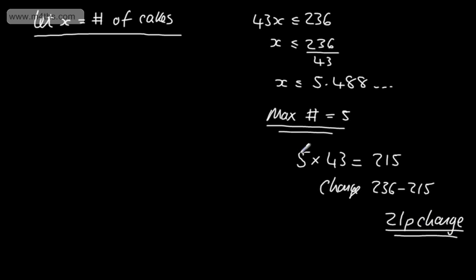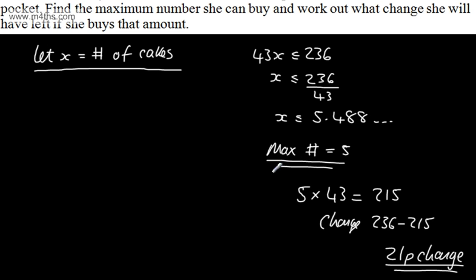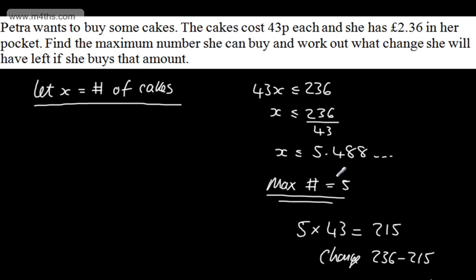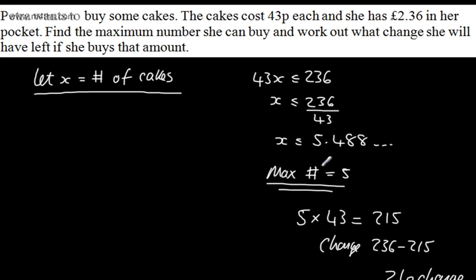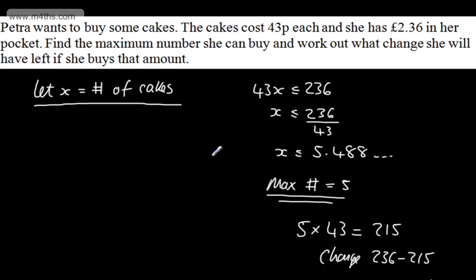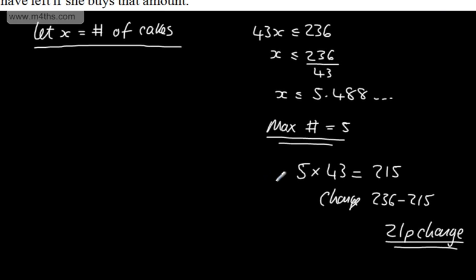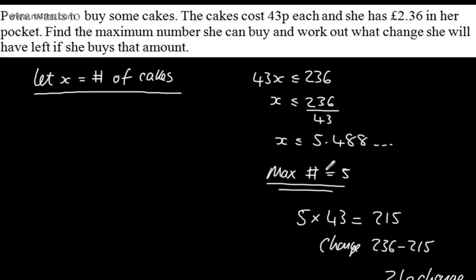So that is writing an inequality. At the moment you might see that as a bit overkill and unnecessary. But when you come on to more challenging examples where we have lots of different constraints, then it is important, rather than just setting up an equation as such. So there we go, 21p change, she can buy 5, as the number that we can get has got to be less than about 5.5, therefore it's got to be 5.